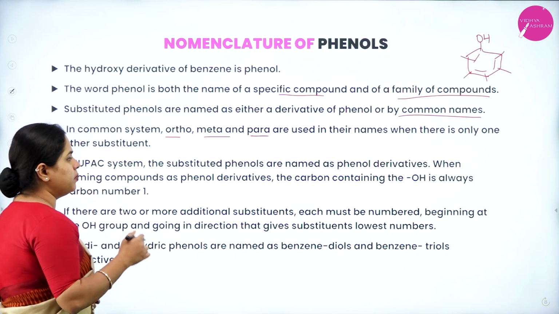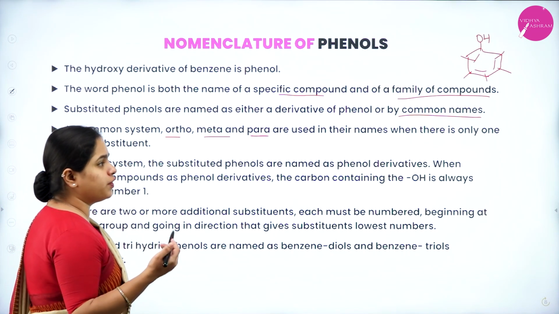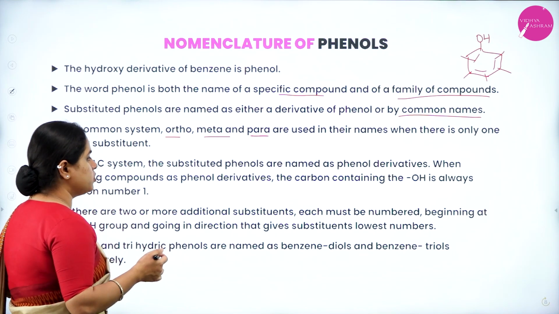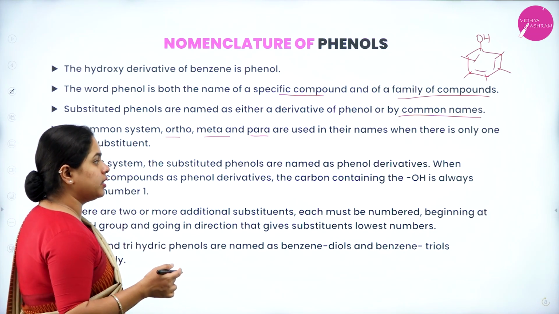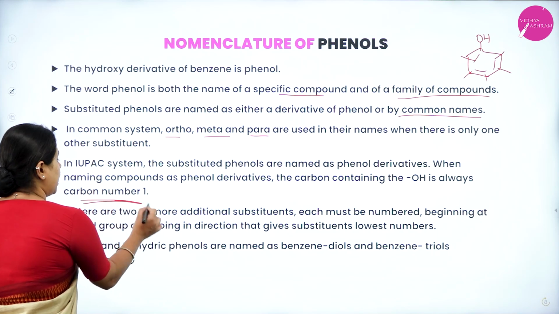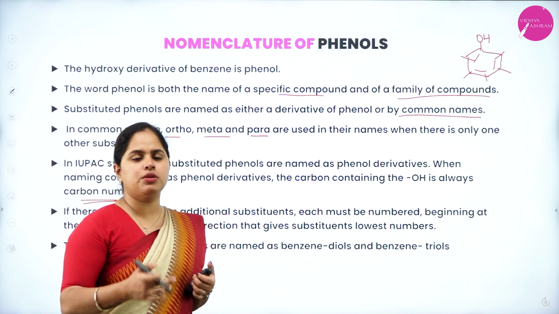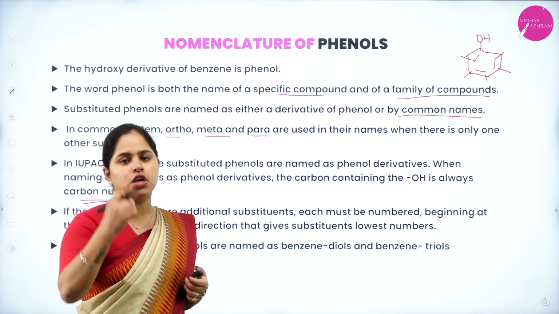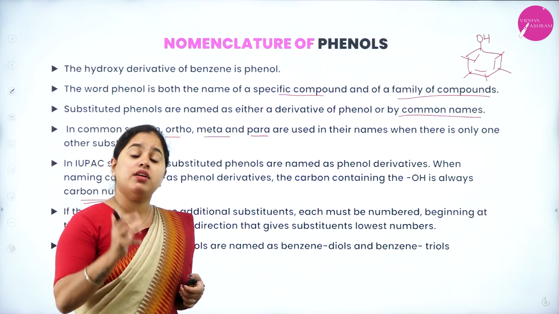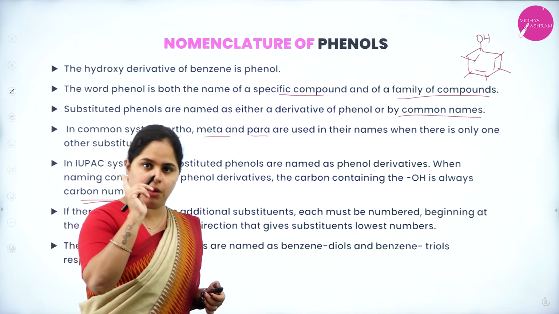In the IUPAC system, the substituted phenols are named as phenol derivatives. When naming compounds as phenol derivatives, the carbon containing the hydroxyl group is always carbon number 1. Okay, so when you are numbering, you are already familiar with nomenclature. So when we are numbering the carbon atoms, of course, the carbon atom which has the hydroxyl group should be numbered 1.